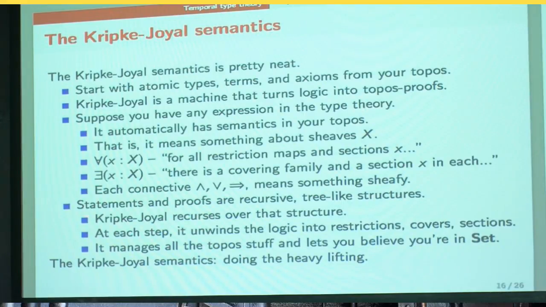So the statement and this proof of it would both be kind of recursive structures where you peel off pieces. For all restriction maps, there exists a coverage such that blah blah blah, and the Kripke-Joyal semantics recurses over that construction. So it does a lot of the heavy lifting. You write a proof here, and you don't need to understand what that says theoretically, but you can always decode it and see.